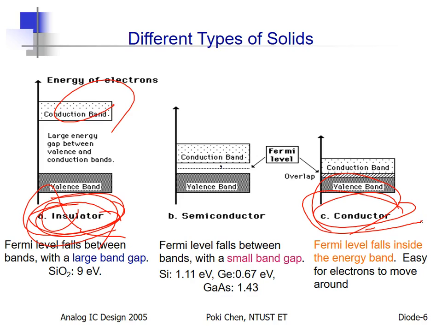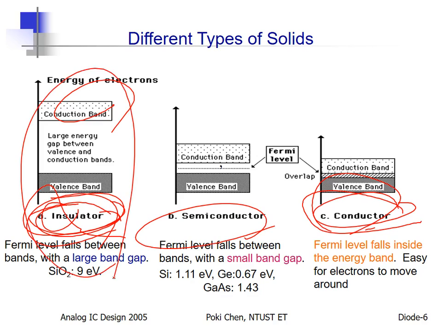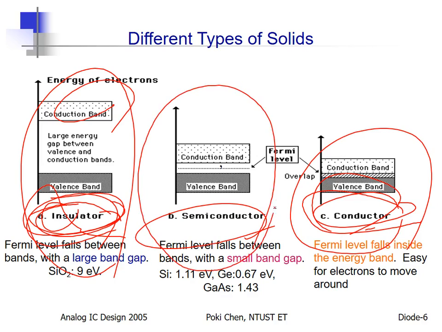And in between, we have the so-called semiconductor. That is a very huge money-making business. For insulator, we need it, but not so much. For conductor, yes, we need it every day, but it's too cheap. To make money, you had better focus on semiconductor.